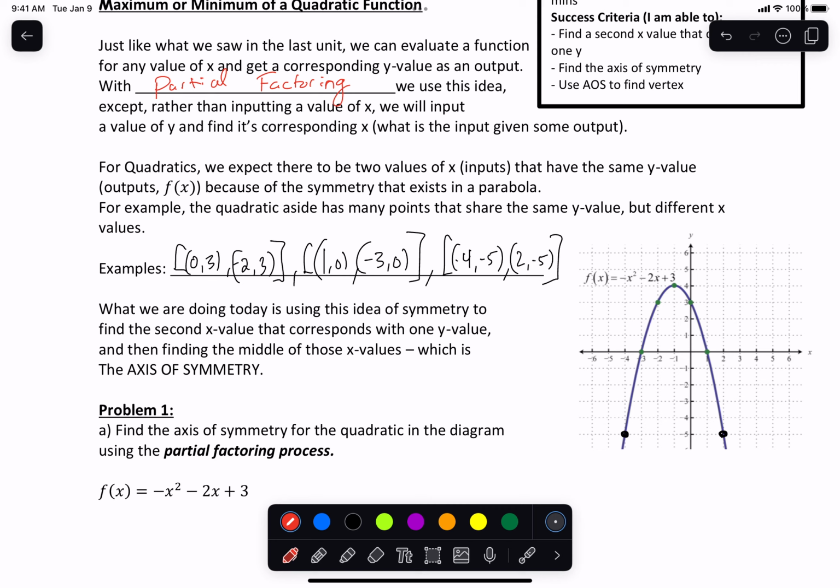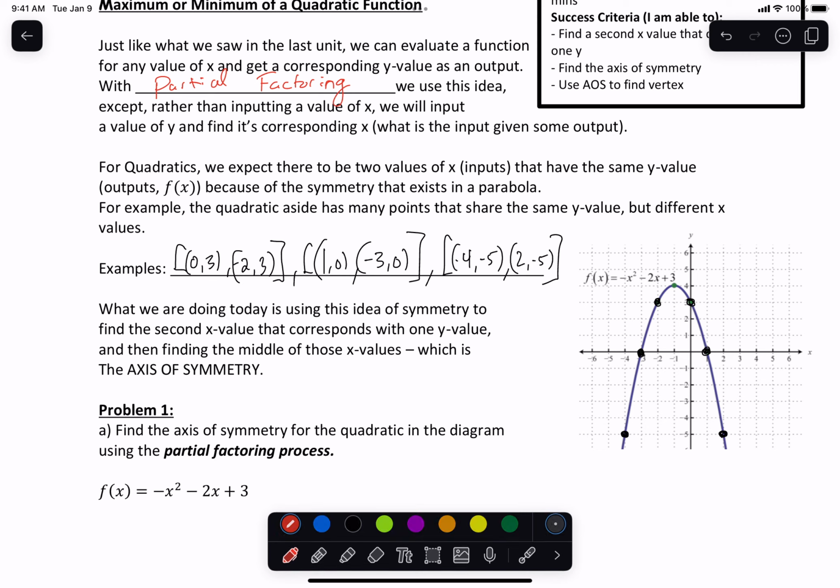So just look at the points that are identified on that graph right now. Ricky? Each pair has the same y value. Each pair has the same y value. And then, I'm just going to tell you because I can't come up with a great way. I'm trying.